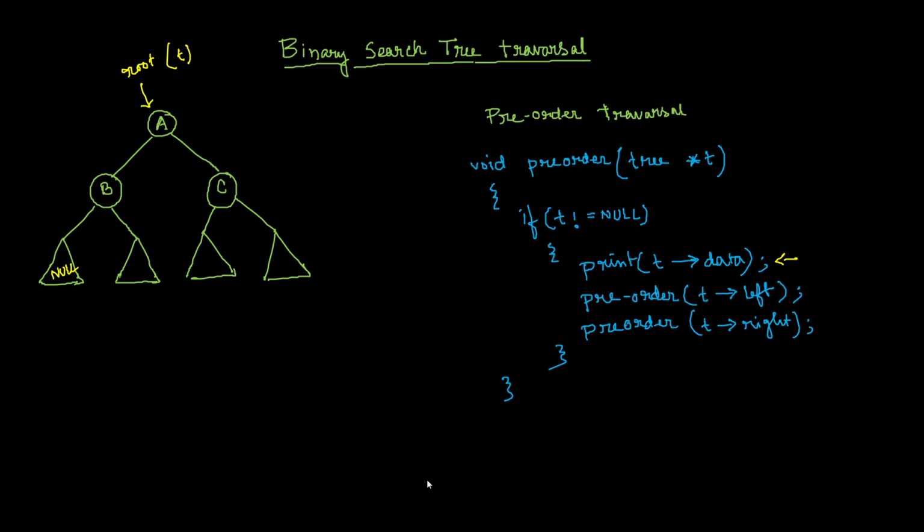If it is in-order, it will be in between the two calls. And if it is post-order, the print function will be at the end. So you can check at home how we can vary this print function with respect to different types of traversal order.